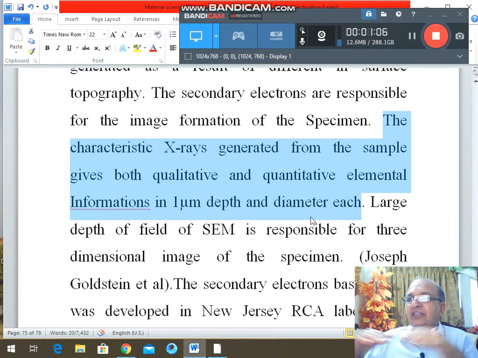So, from that we see backscattered electrons are basically used for processing of the image for surface topography. Secondary electrons are also used for surface topography. Backscattered electrons give you elemental analysis also, and then we come to X-rays. X-rays give qualitative and quantitative elemental analysis, how much is the ratio of the element in the compound, and so on.